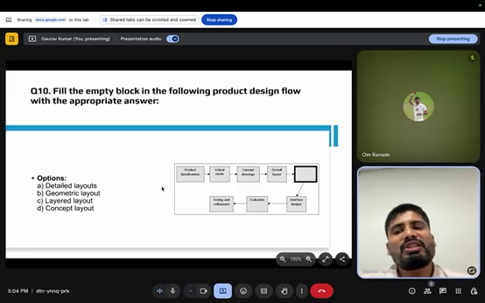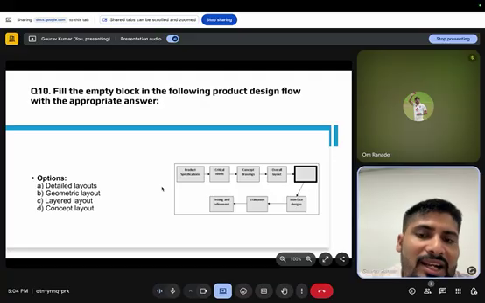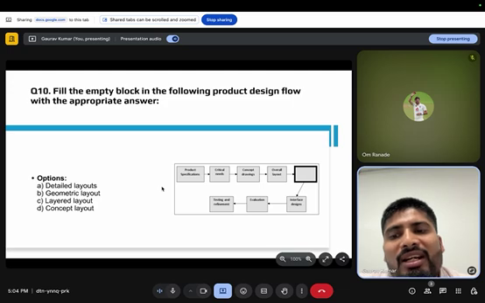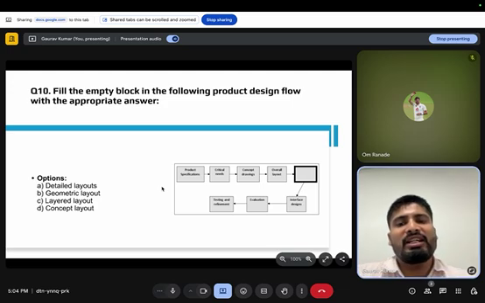So option B, geometric layout, is an earlier synthesis in which spatial configurations and functional grouping are determined but without precise detail.